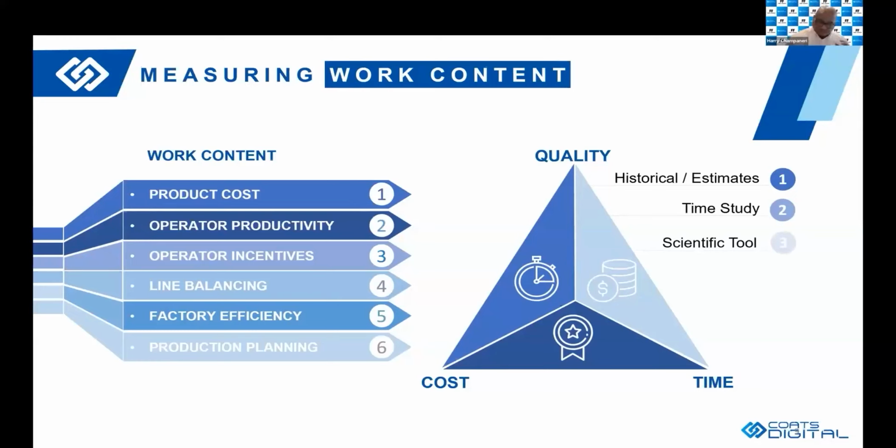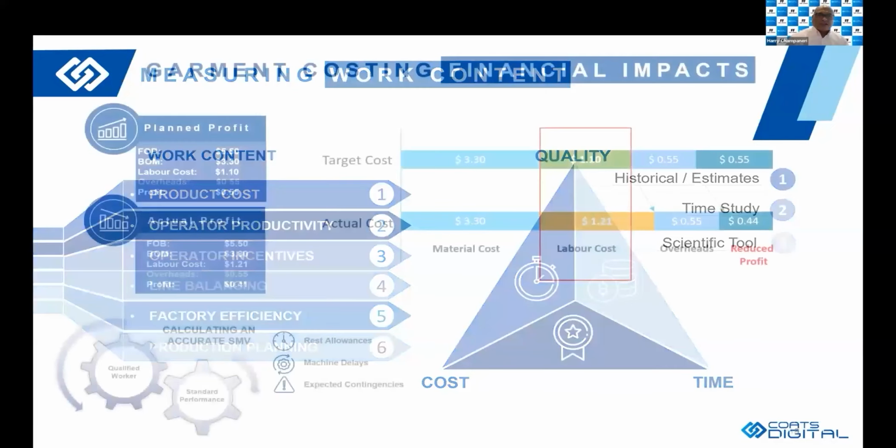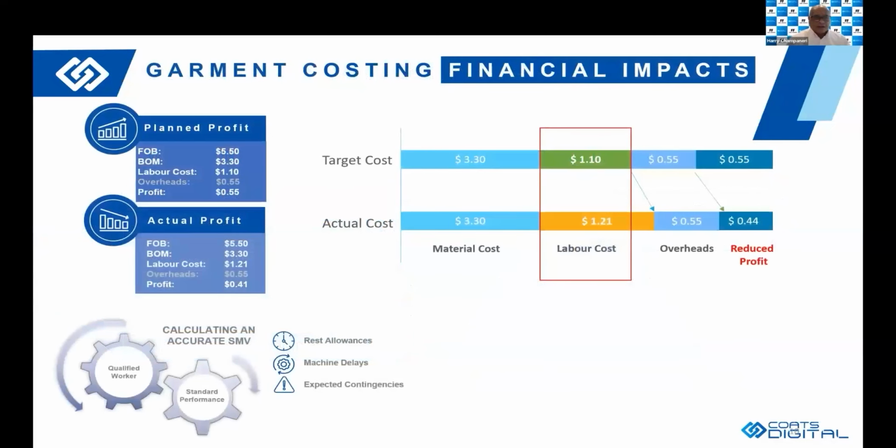The scientific tool that we use, which is a global benchmark, is GSD, and GSD Cost, the software solution, to collect your data, store the data, and then retrieve the data as well. So the next slide shows you how a miscalculation by time study or historical data has a financial impact.